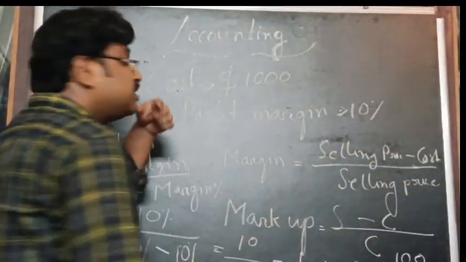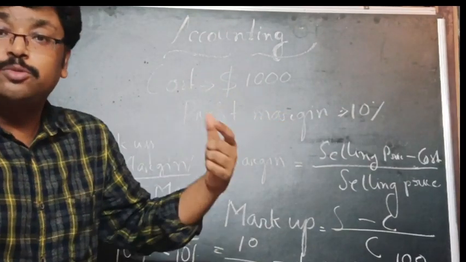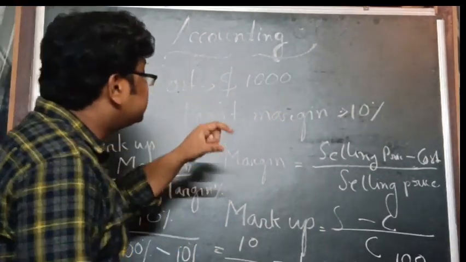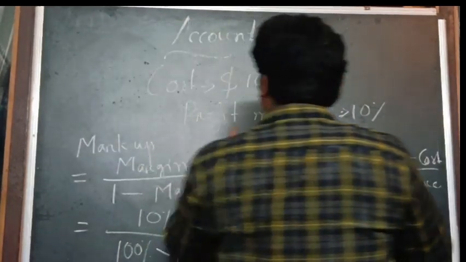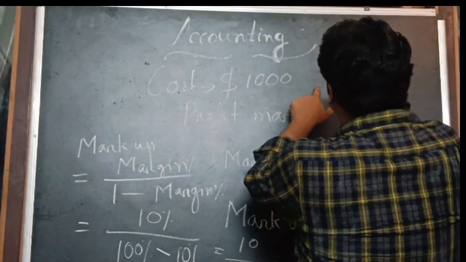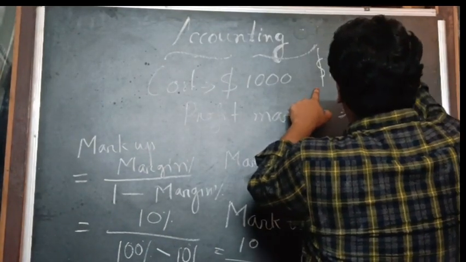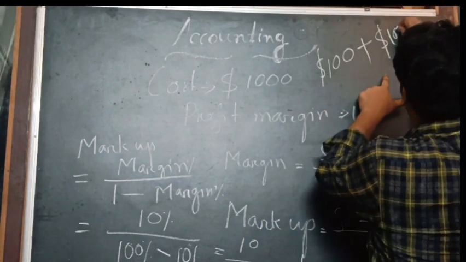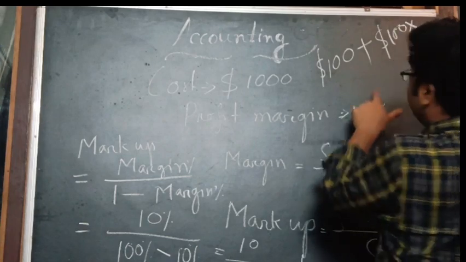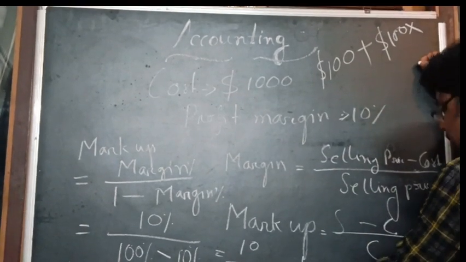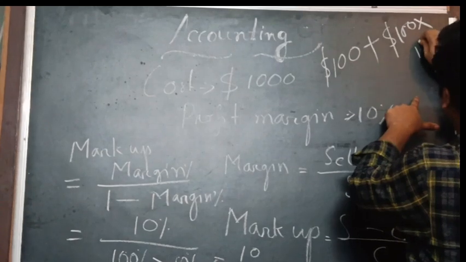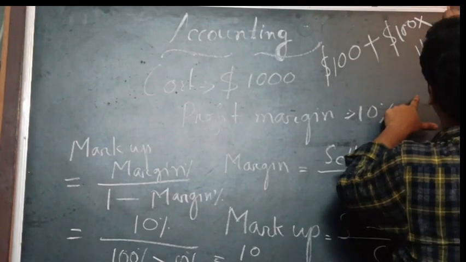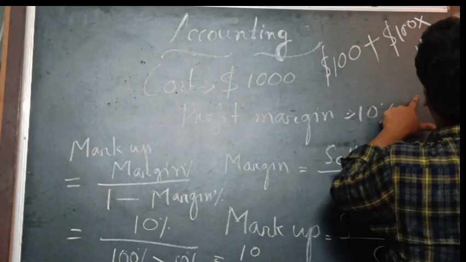So what should be the selling price? The selling price can be found as $100 plus $100 multiplied by the markup, 11.11%.